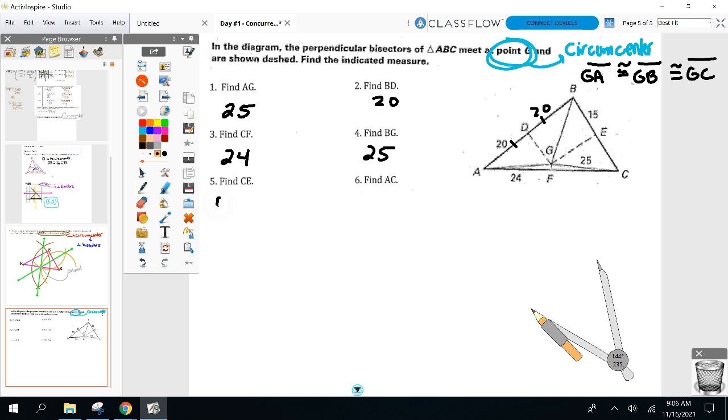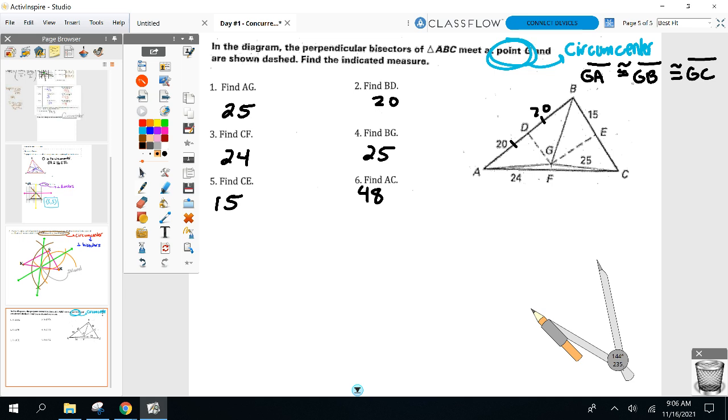So it's got to be 15. How about AC? 48. Questions from you guys? See how this is working now? I've got to know the circumcenter is equidistant and it's formed by the perpendicular bisectors.